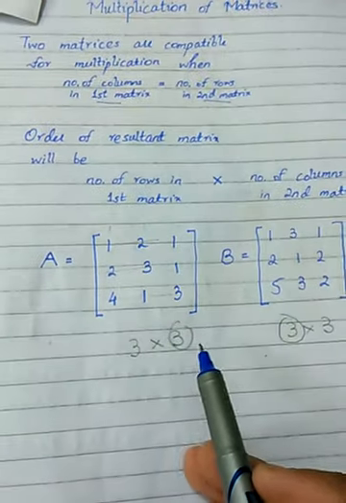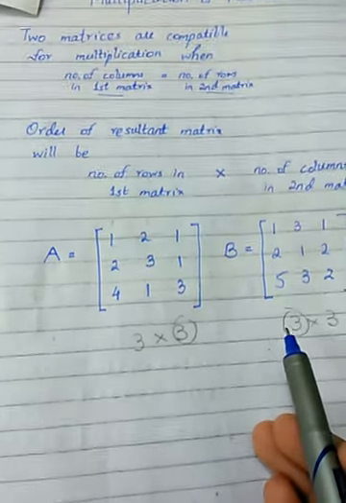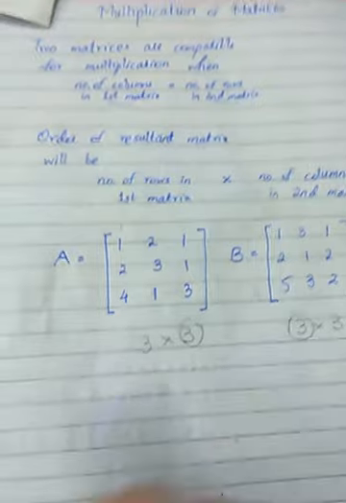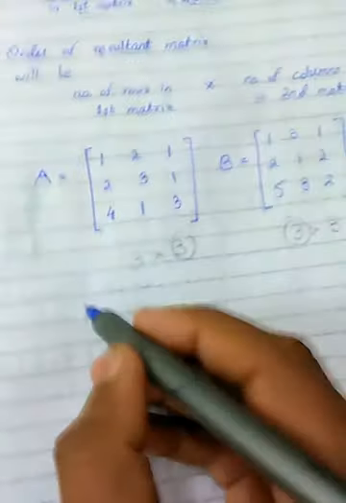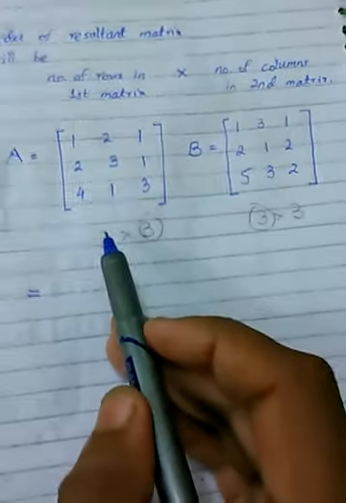So the number of columns in the first matrix is equal to the number of rows in the second matrix. Both are 3. So these matrices are compatible for multiplication. Now we will solve, and the order of the resultant matrix would be 3 by 3.